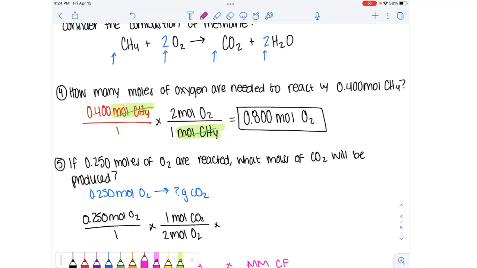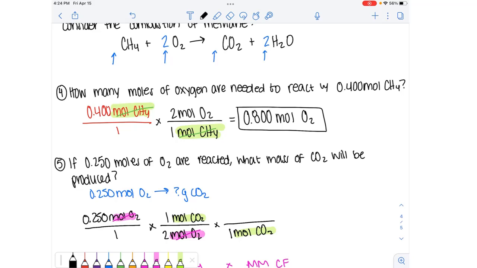Okay, so now at this point, my moles of oxygen have canceled out. That's my first conversion factor. The second conversion factor I need is the molar mass conversion factor. This is going to take me from moles of carbon dioxide to grams of carbon dioxide. In 1 mole of carbon dioxide, remember that has to go in the denominator because I need my units to cancel, there's going to be some number of grams of carbon dioxide.